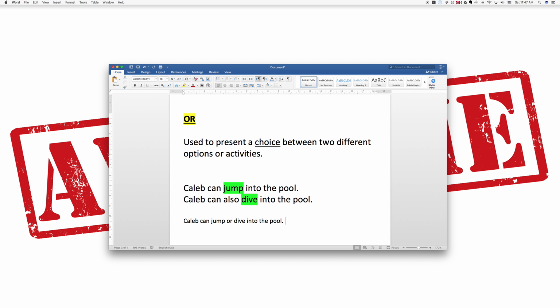And again, because both sentences have repeated words, I do not include the repeated words into the pool twice. And I only use Caleb once. So remember, repeated words do not get transferred into the answer. So Caleb can jump or dive into the pool. He has two choices. So it's quite simple. I need to look at the two different choices and transfer them on either side of the connector OR.